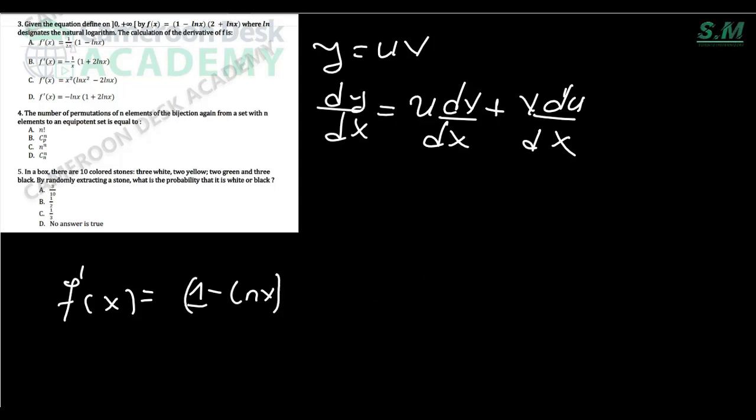Then I will differentiate the other function, 2 plus the natural logarithm of x, all of that prime. That will be plus, I will keep 2 plus the natural logarithm of x constant. Then I will differentiate the other function, which is 1 minus ln x, all of that prime.